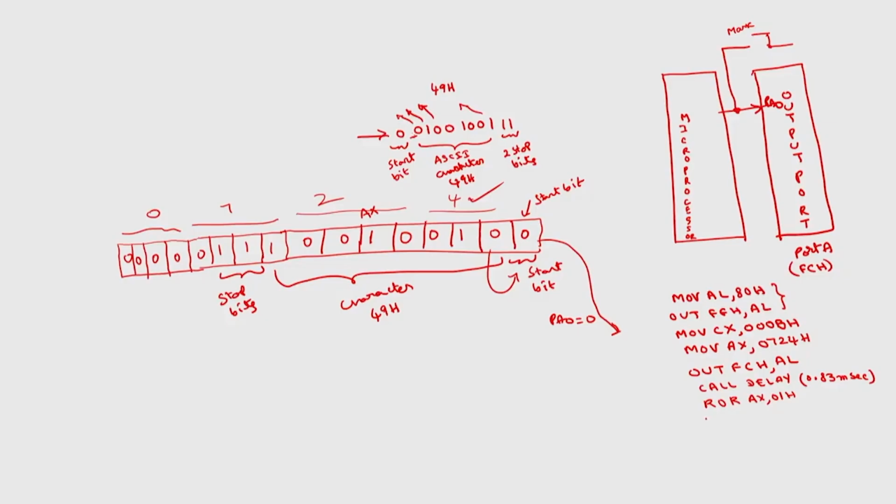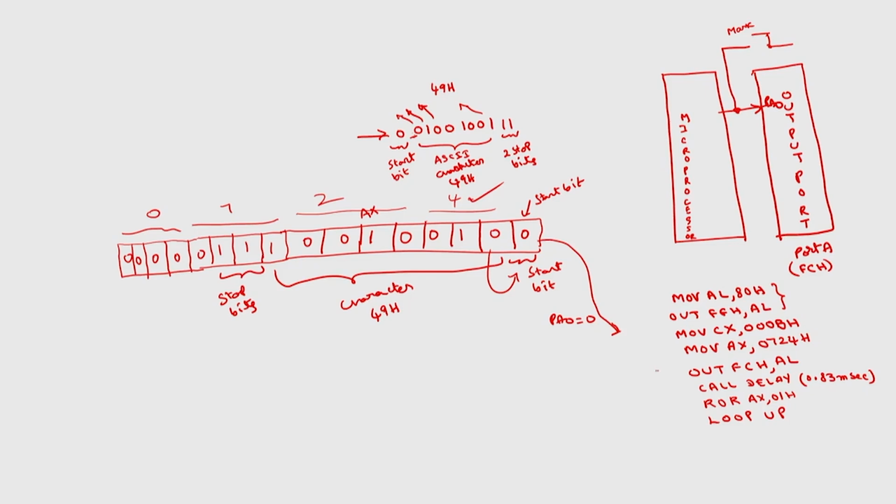Then I will decrement CX because I have already transmitted 1 bit. So, for that, loop up. In this loop CX will be decremented, and until CX is equal to 0 this will branch to the address with the label up. So, where should this up be? Up should be OUT FCH comma AL.